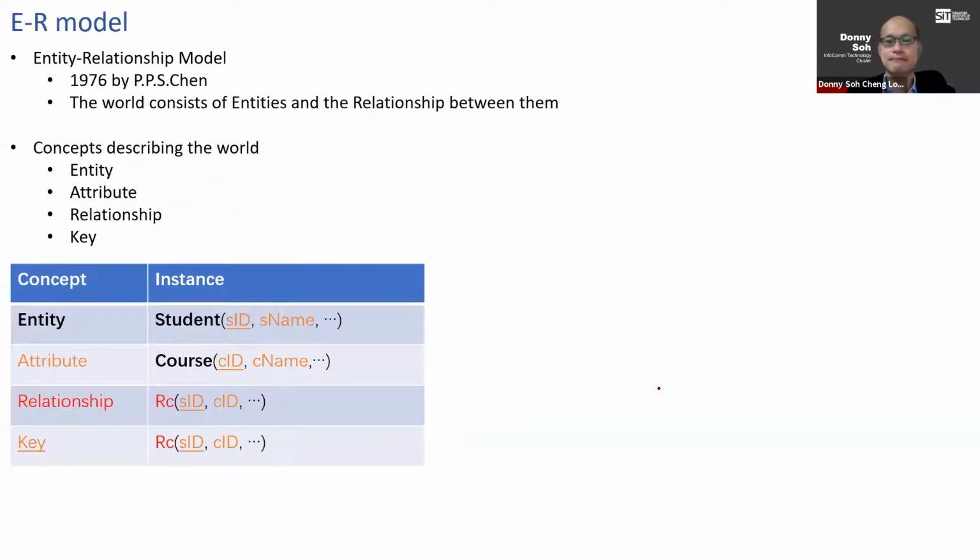Yeah. So this has been what we've been going through. So this will describe the entity, the attribute, the relationship, the key. So entity is, as what we said earlier, the entire, let's say, the student. We have SID, S name, everything. Attribute will be one single thing within the entity.